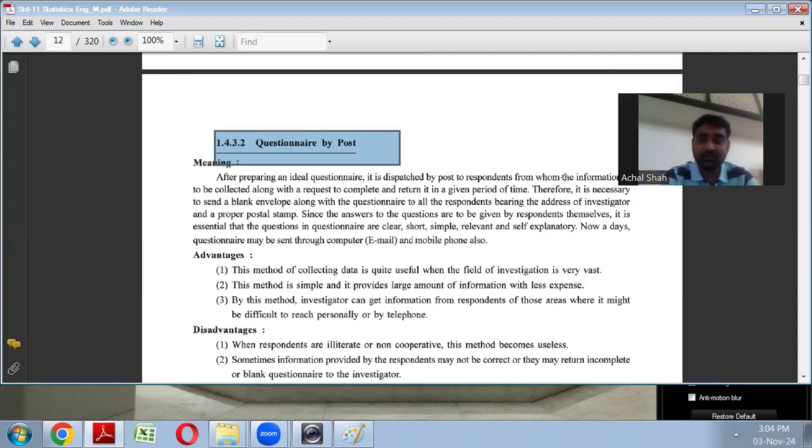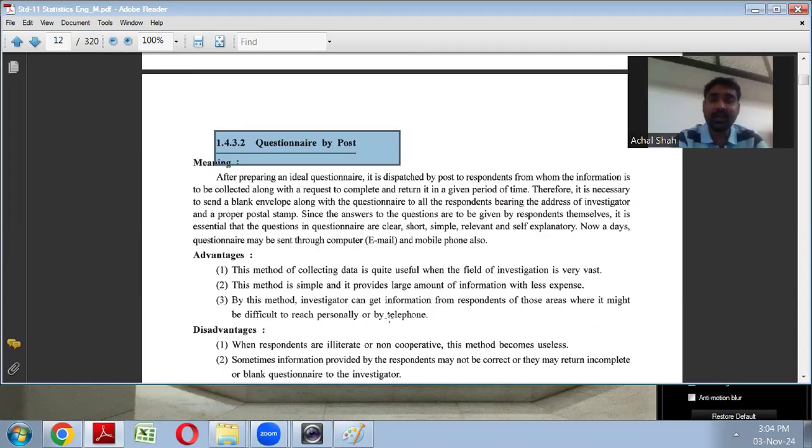So basically this method is like that when an ideal questionnaire is prepared, it is dispatched by post to the respondents from where the information can be collected. And then in a given period of time, the questionnaire can be sent back to the enumerator and the necessary information could be gathered.